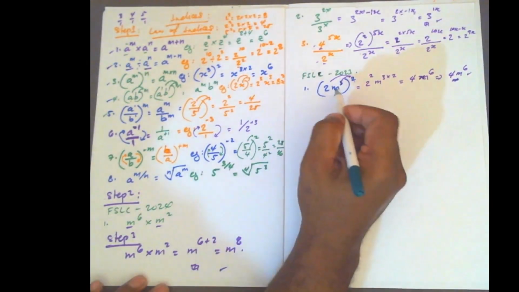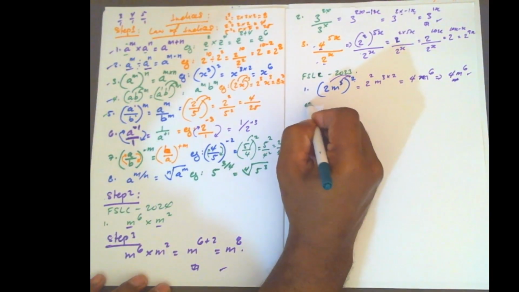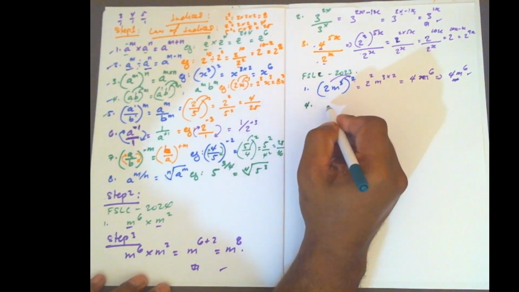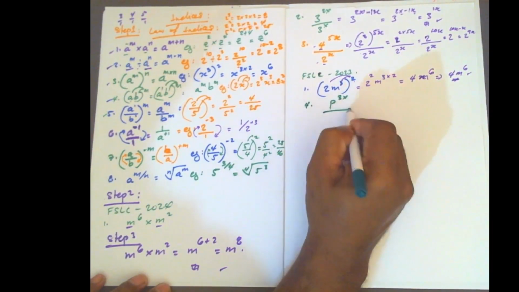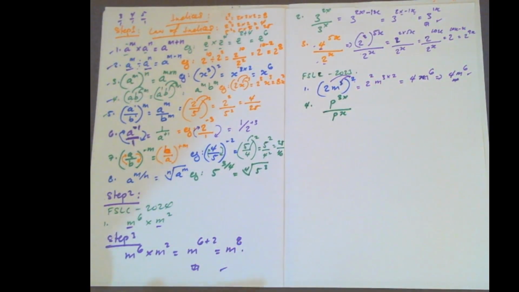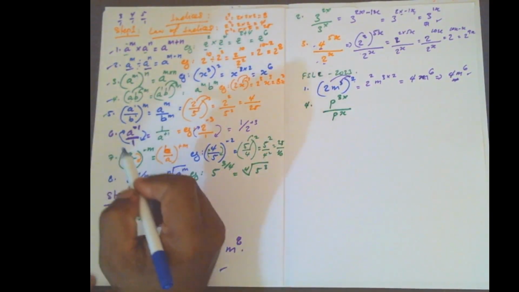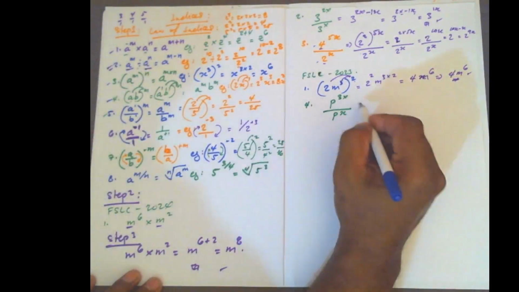Question 4 in the 2023 paper, indices, says simplify p to the power of 3x over p to the power of x. In this question, we'll apply law number 2.